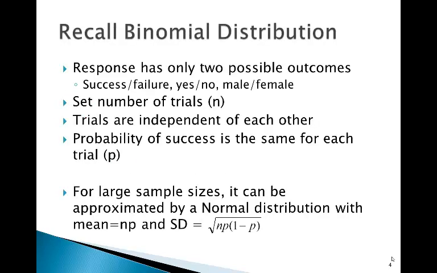If you think back to the binomial distribution, we had a response that had only two possible outcomes, a set number of trials that were independent of each other, and that had the same probability of success for each trial. If we have large sample sizes, we can approximate this using a normal distribution with mean of n times p and standard deviation square root of n times p times 1 minus p.